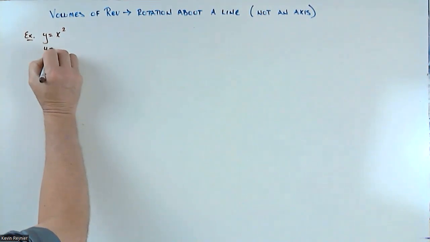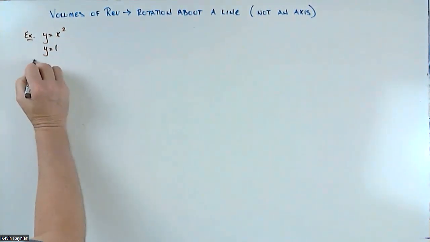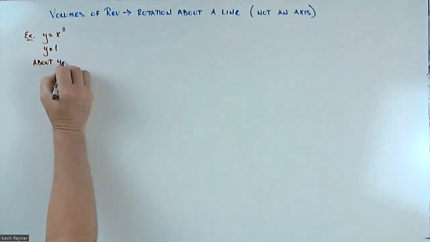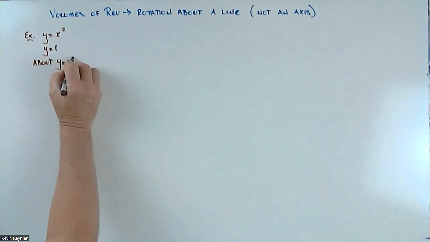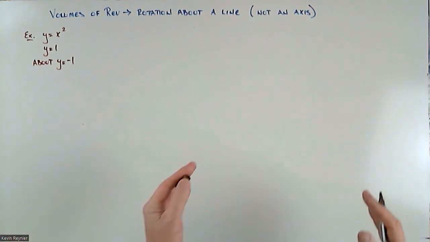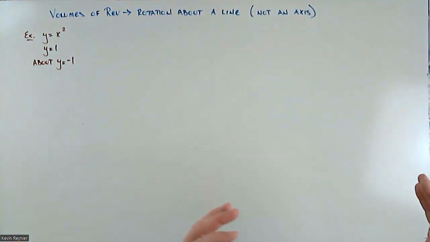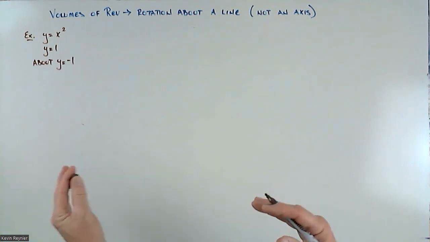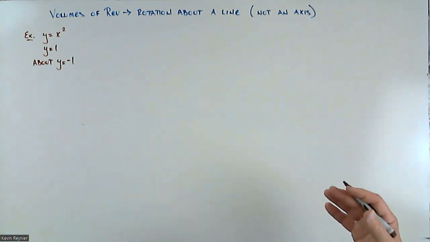We're going to have the line y equals 1, and we're going to go about y equals -1. Again, we're going to write the problem down. We're going to proceed to make a drawing that is a sufficient size to allow us to label all the things that we labeled on the last drawing. We're going to want to label those.